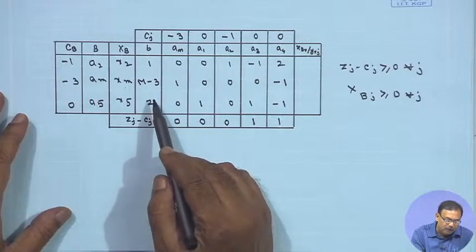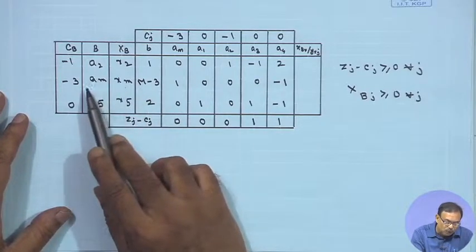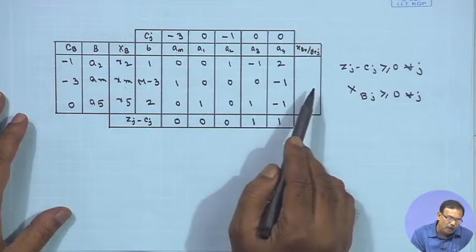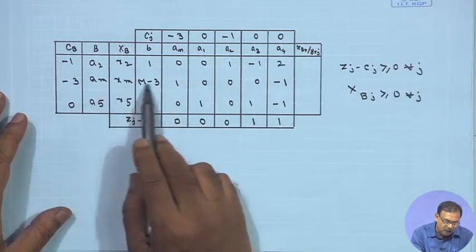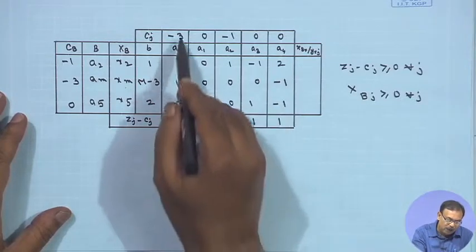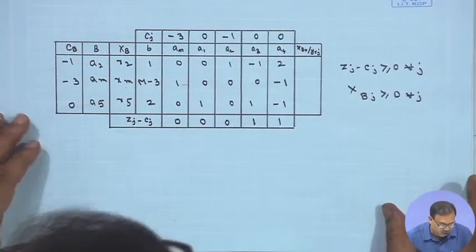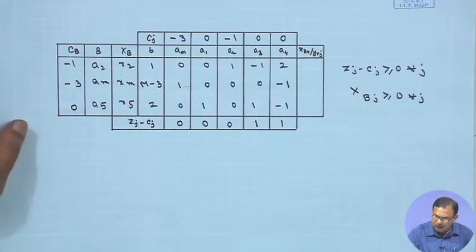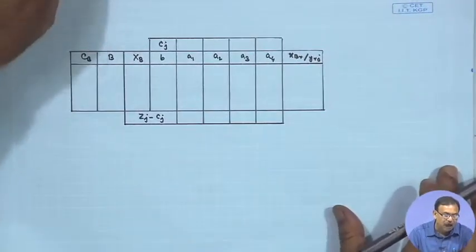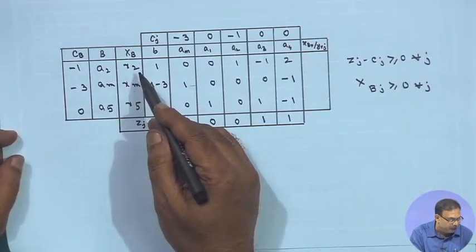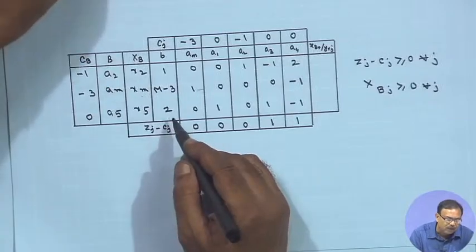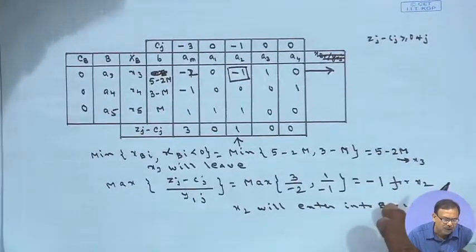So in the next table, you remove the row and column corresponding to the artificial constraint, that is, for xm you remove the row and am column also, and rewrite the entire table once again. So now xm will not be there, you will have only x2 and x5.